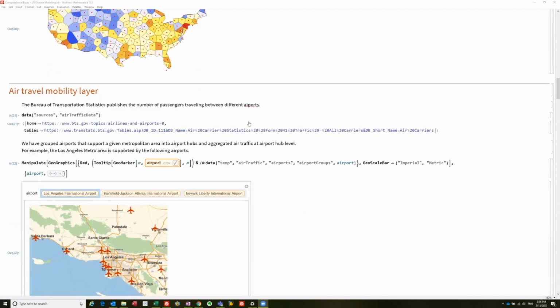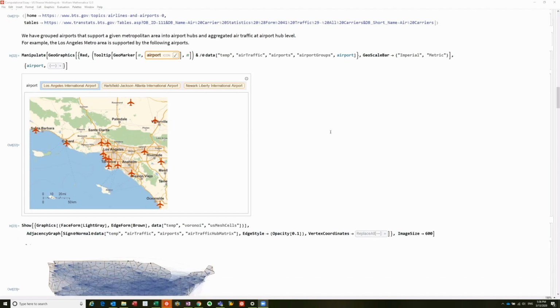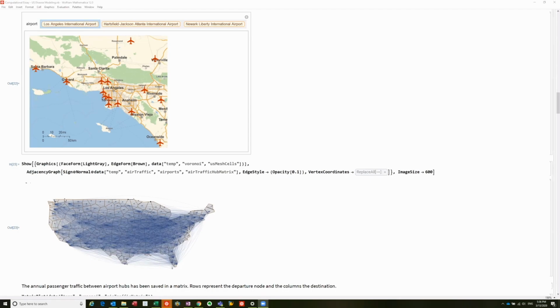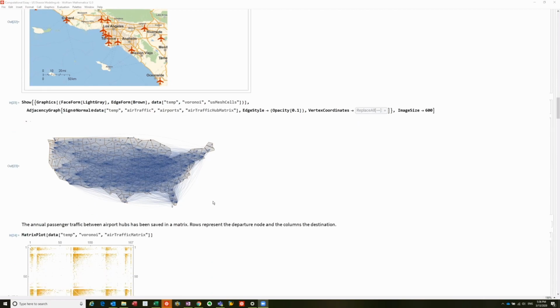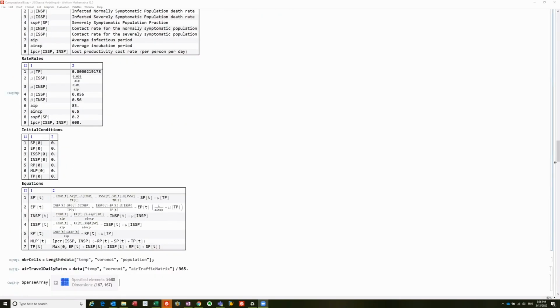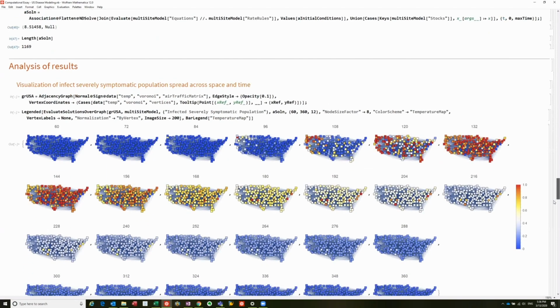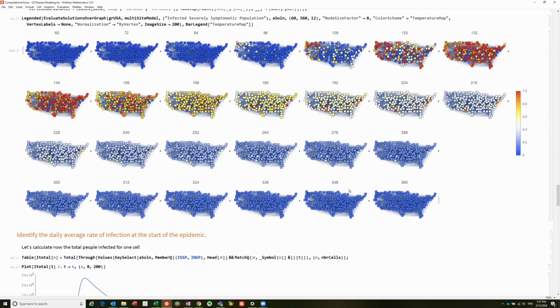And finally, we set up the mobility of air travel between the different sections of the country, where the data is easily available, and what the challenges around it were. We then build the graph that we discussed between the different nodes or airport hubs and the transportation between the different cities or grids, and then use the SEIR2 model to gain insight, from a qualitative level, into the impact of the transmission of an epidemic across the country, initializing it, for example, in the Seattle area, and seeing how it distributes across the main airport hubs of the United States and then goes through the country.